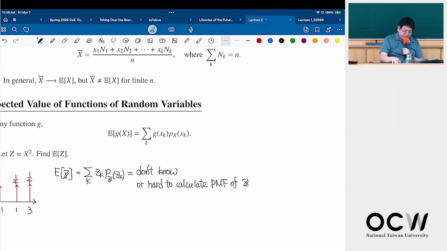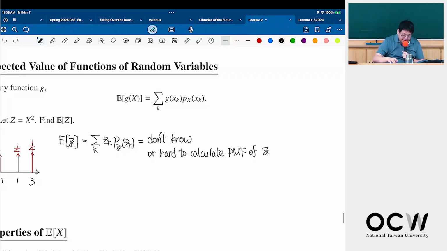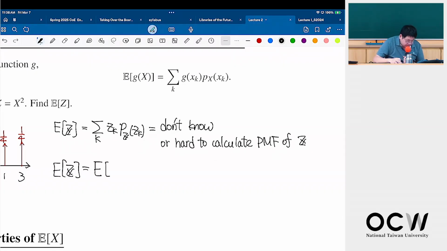We know z equals x squared, so we can think about x squared. Z equals x squared, and x squared is a function of random variables. To find the mean, I still consider all possible outcomes, here the function of outcomes, and then times their corresponding weightings, which is the PMF of x.